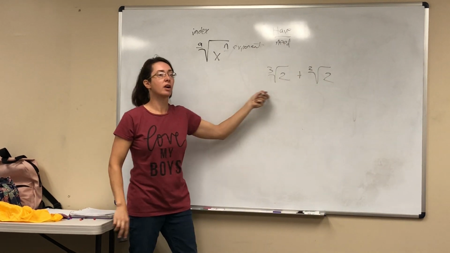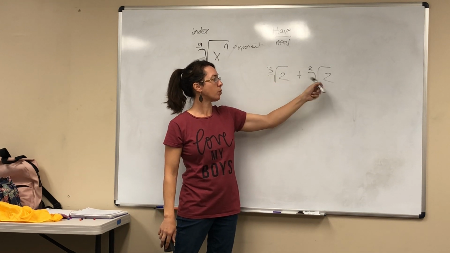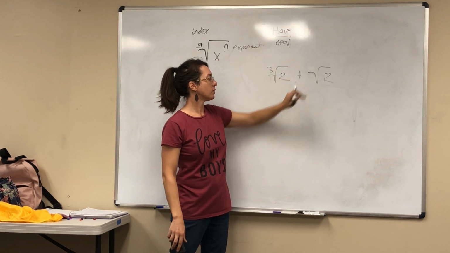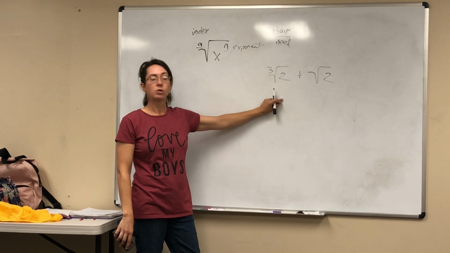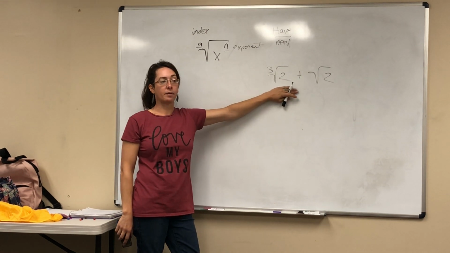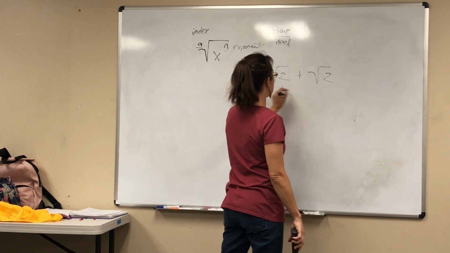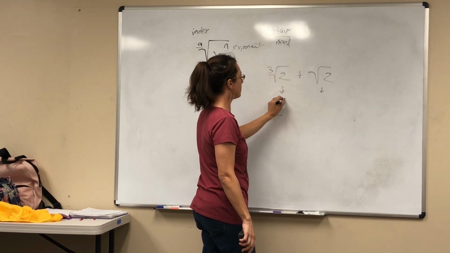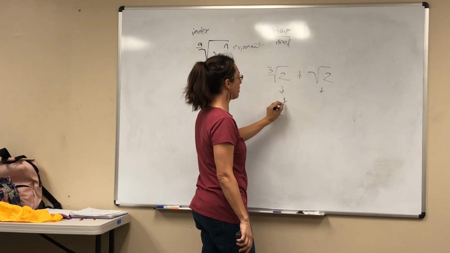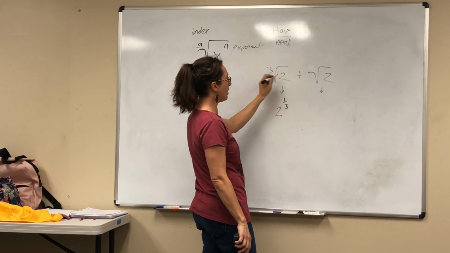So now, how do you add the cube root? Before, we had said I've got a cube root of 2 plus a square root of 2, right? Can we add those? No. When it's in this form, can we add them? No. Okay. So let's take what we just learned. How can we rewrite this? 2 to the 1/3. Right?